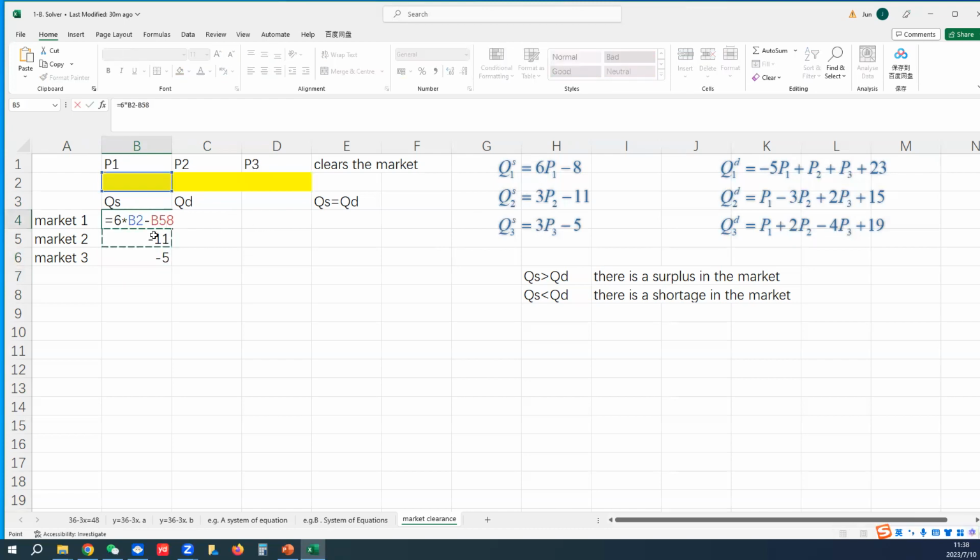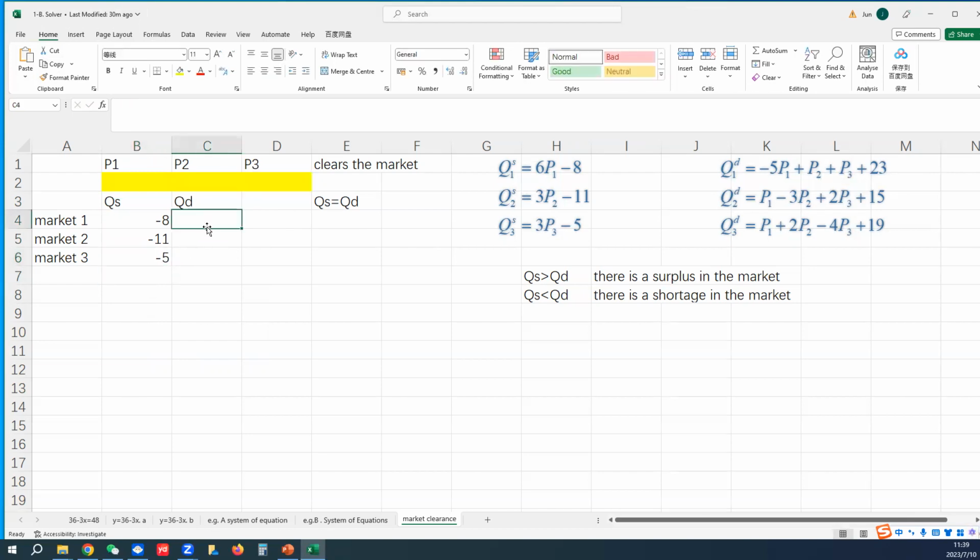First one, 6P1 minus 8, that's right. Second one, 3P2 minus 11, that's right. The third one, 3P3 minus 5, that's right.